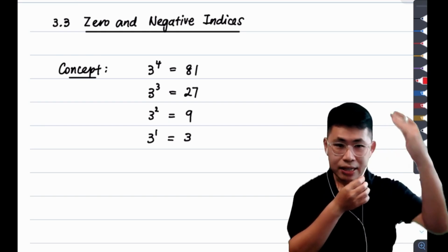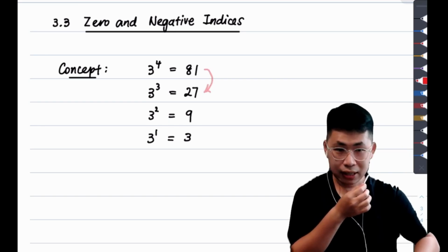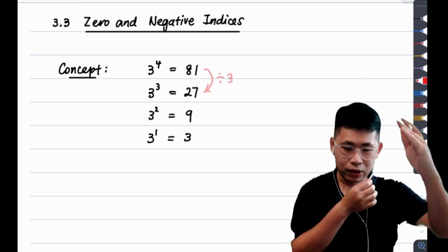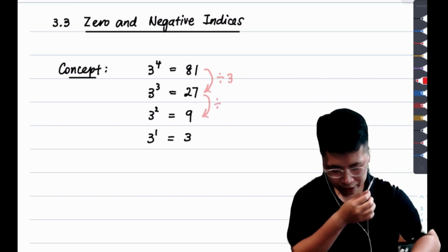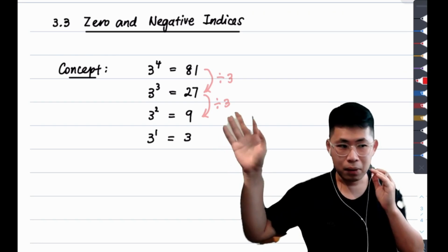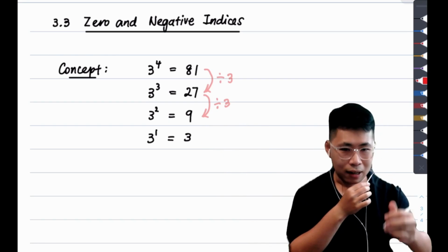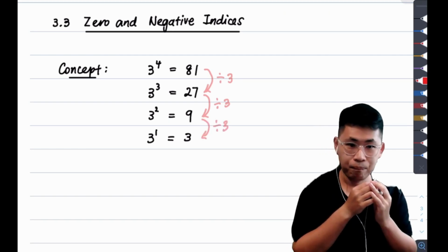As the powers reduce, we see that from 81 to 27, it is actually divided by 3. As we reduce one more step down from power 3 to power 2, the action is also divided by 3. Same thing, power 2 to power 1, I have also a divide by 3 over here.